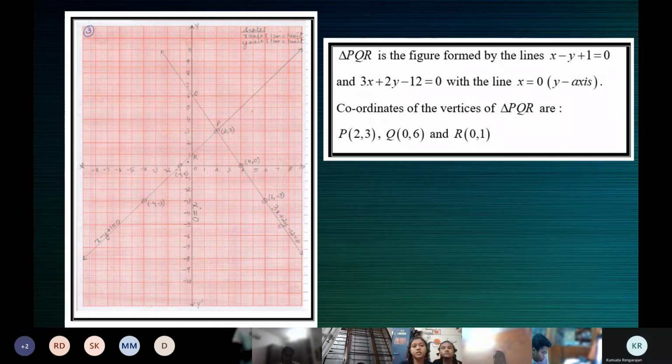Okay, Harini. Harini, 1, -1. Yes. Yes, Harini, it's right. You're right, Harini. Your graph is right. Good.